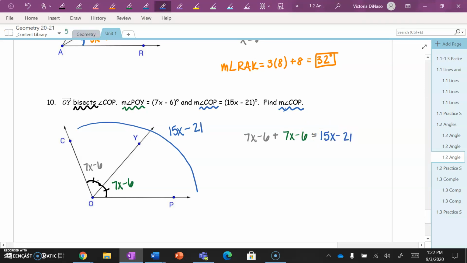So originally we did not have a COY, however, with two equal parts, we can rewrite it in there. Go ahead and solve for x. You should get that x equals 9, and finally you just have to plug it in. So we have the measure of angle COP equals 15 times 9 minus 21, which equals 114.